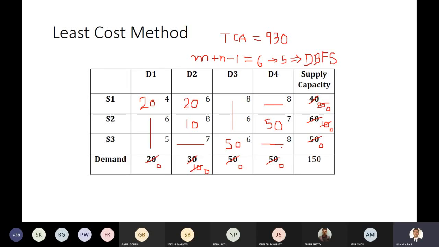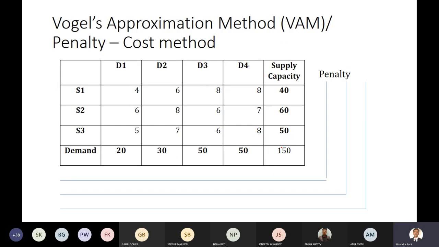That is your penalty. Penalty of not being able to allocate in the least cost cell. That's the reason why we call this method Vogel's approximation method or penalty cost method. In some of the books, it is also written as just penalty method.